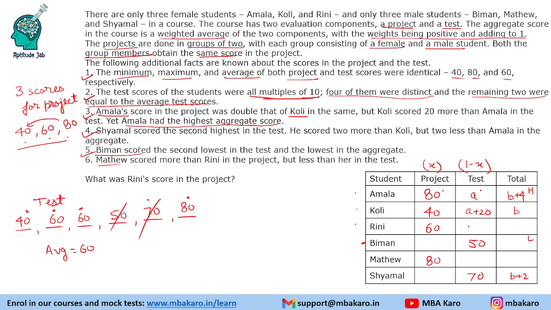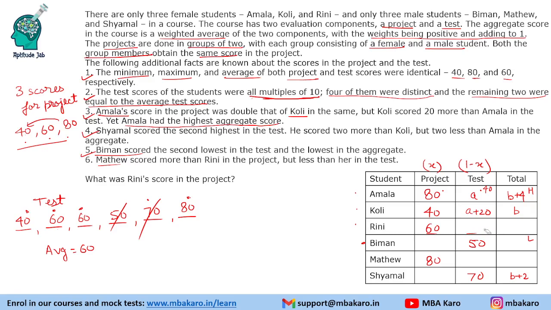If you put Rini as 80 over here, just assume that, what will happen? Now Rini will have a total of 140, which is clearly the highest. Even if you do not take the weights, she has the highest score, because A cannot be anything but 40 in this case.